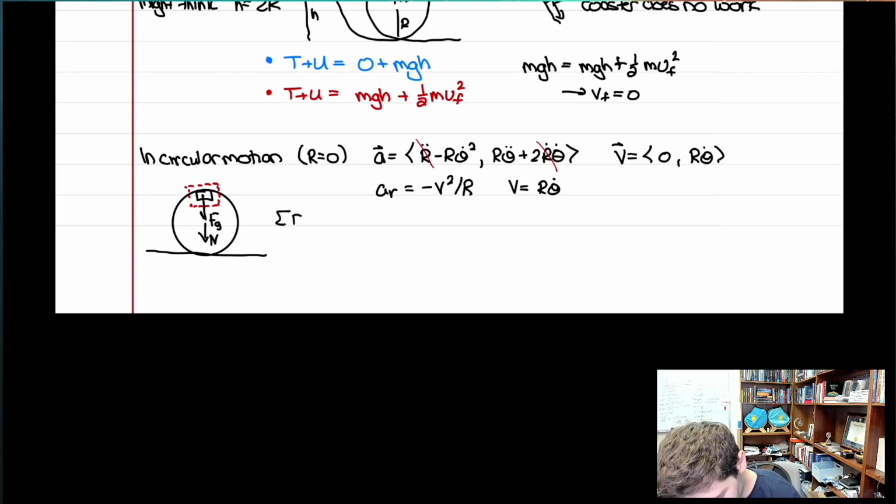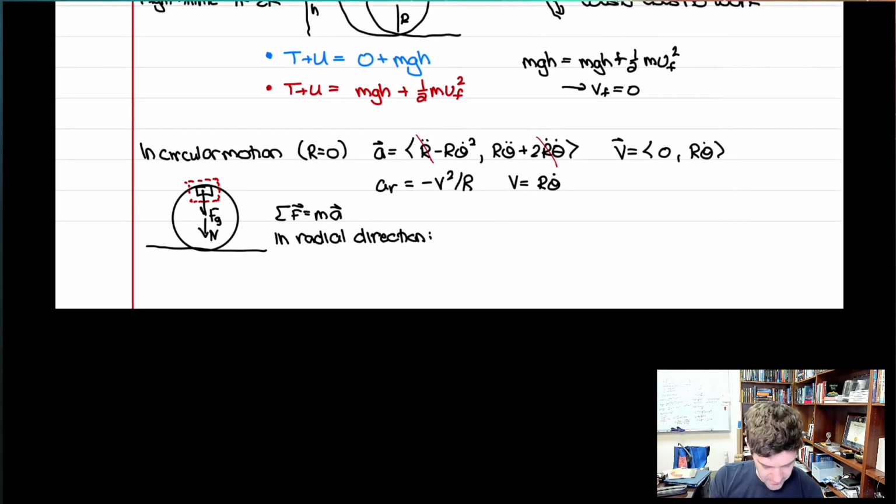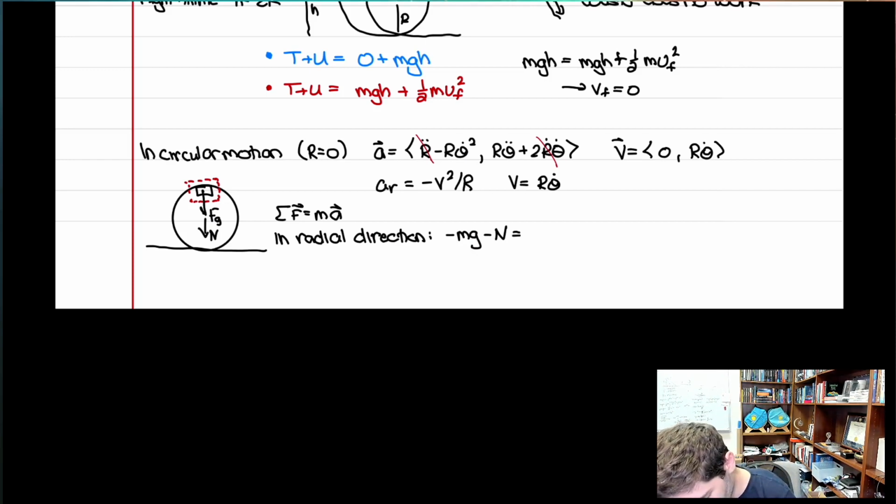So then the sum of the forces equals the mass of the cart times the acceleration of the cart, at least in the radial direction. And again, towards the center of the circle is negative, away from the center of the circle is positive. So this looks like it's going to be negative mg minus the normal component from the contact, and that better equal the mass of the cart times the radial acceleration, which we just said is negative m v squared over r.